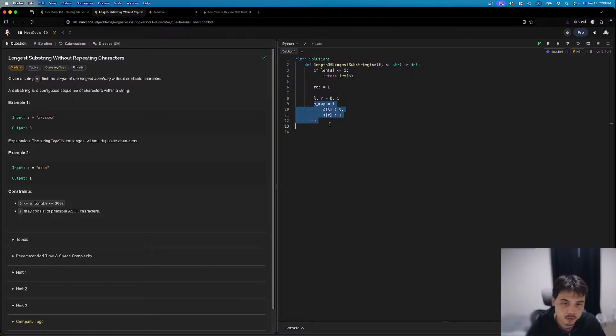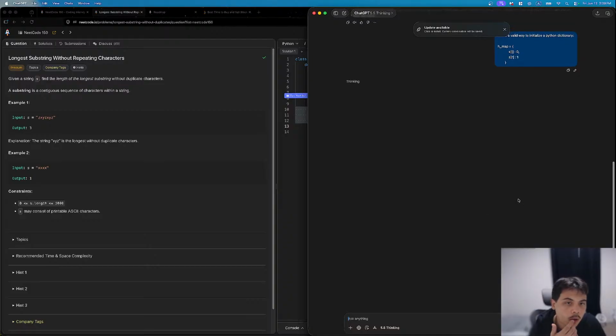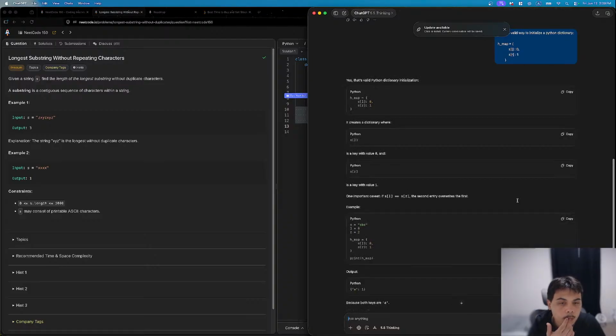Is this a valid way to initialize a Python dictionary?